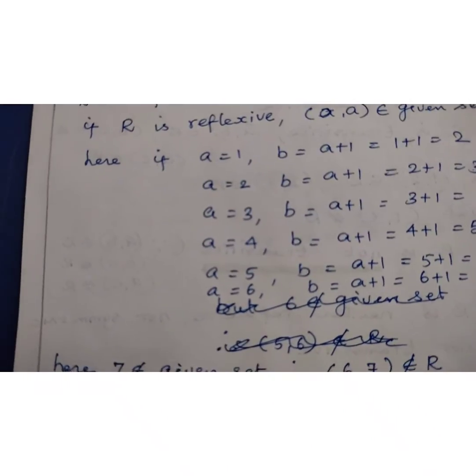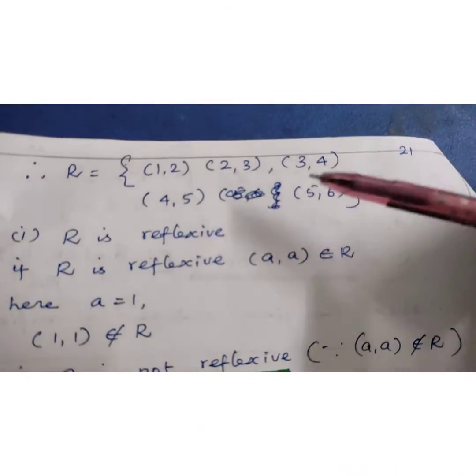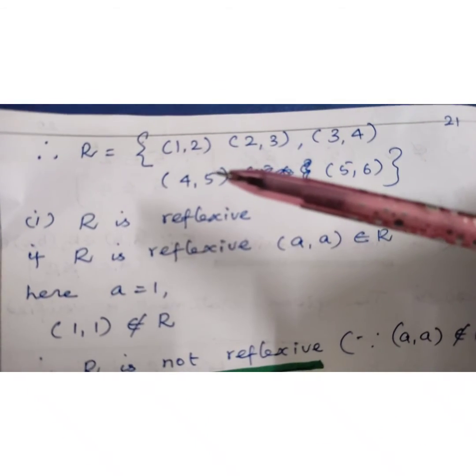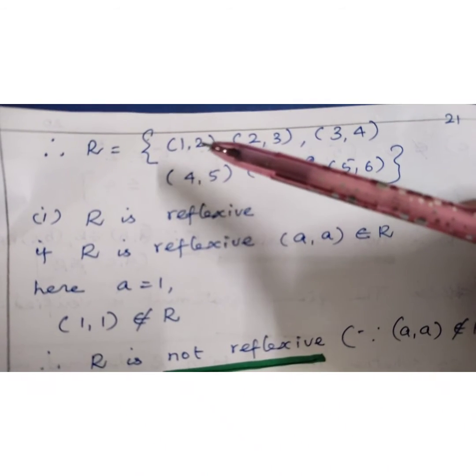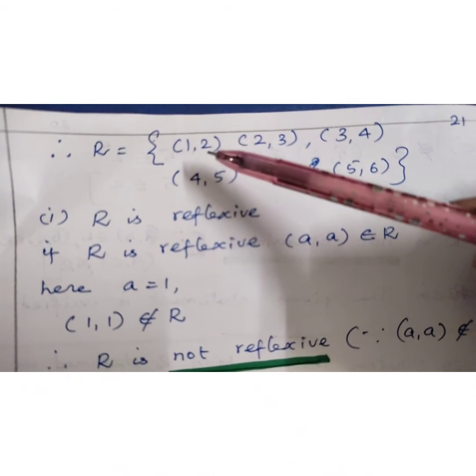Okay. Now, whether R is reflexive or not. Now, for the relation R, we are writing the pairs only. R equal to set of all pairs. The first pair is 1, 2. When we take A equal to 1, we get the value B equal to 2.